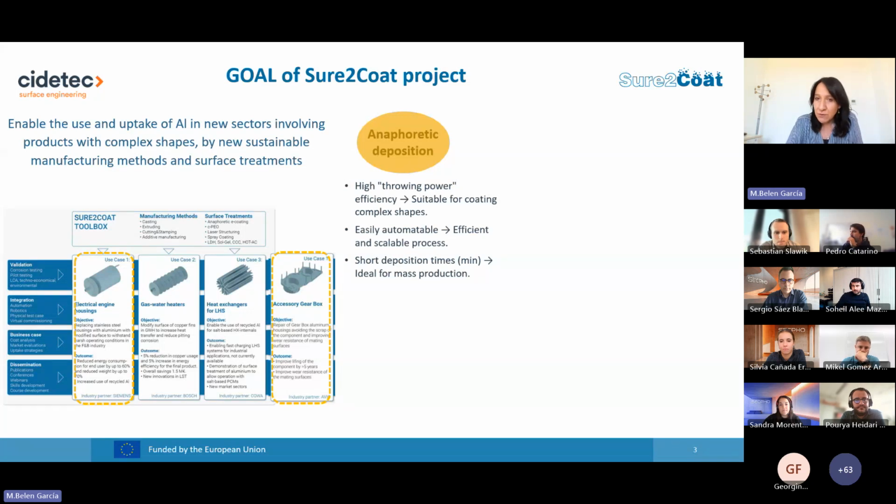Because it is suitable for coating complex shapes. It is an efficient and scalable process, and it is also ideal for mass production. And we are applying this anaphoretic deposition process in 2 use cases: in electric engine housings of the food and beverage industry, and also in accessory gearbox of the aeronautical industry.